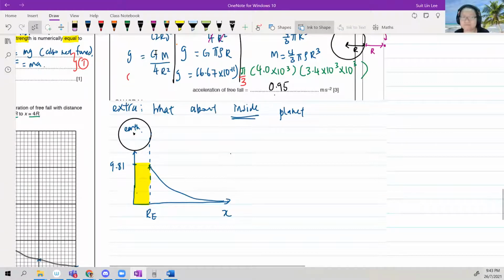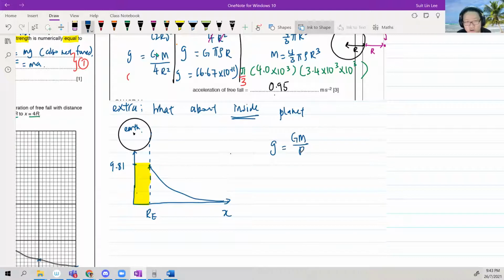Okay, all right, and there's no, for one reason. You may be thinking, I can use this equation, g = GM over r squared. So when r decreases, wouldn't g be bigger? Well, yes, but when r decreases, mass also decreases.